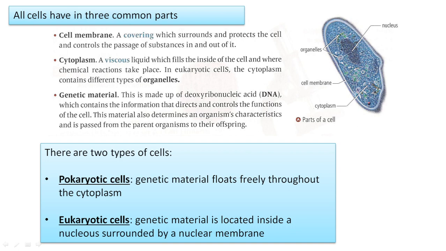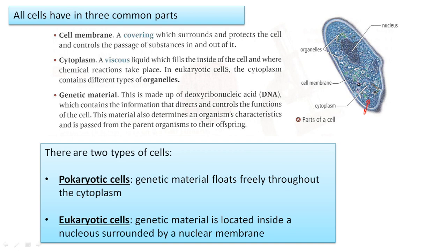And this membrane allows the exchange of substances between the inner part of the cell and the environment. The second part is the cytoplasm. The cytoplasm is the inner environment of the cell, and some organelles, structures and nutrients can be inside this cytoplasm.